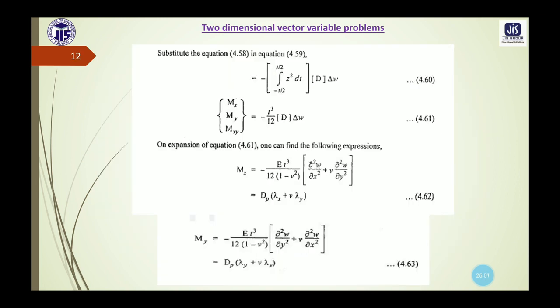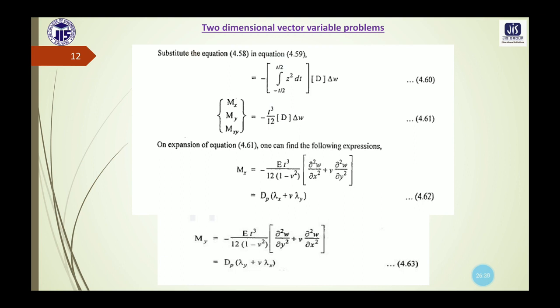That means it will be minus the integration from minus t by 2 to t by 2 of z square dz multiplied by D matrix into del w. That means the column matrix of the moments, Mx, My and Mxy, equals minus t cube by 12 into D matrix multiplied by del w. This is our equation number 4.61.